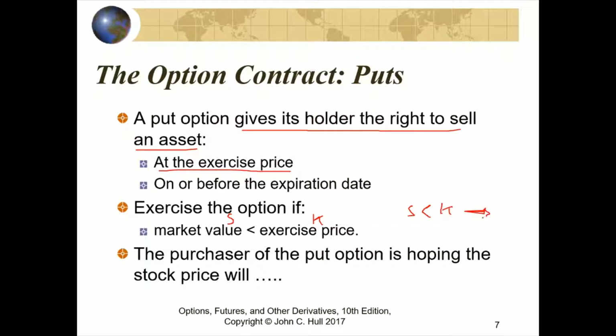Well, assuming that you are rational, yes. Why? Because if you exercise, you will receive a higher price for the thing that you will sell. So you will only exercise when S is lower than K. So here you will exercise.